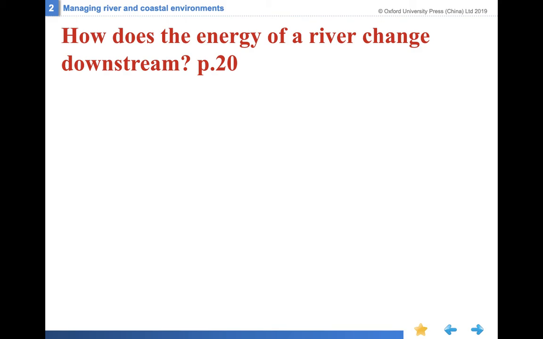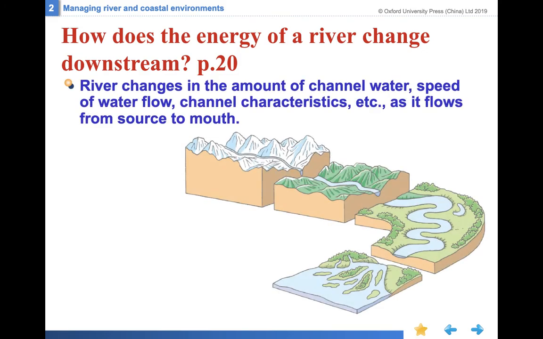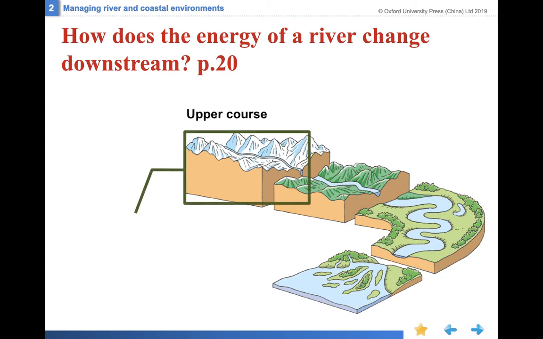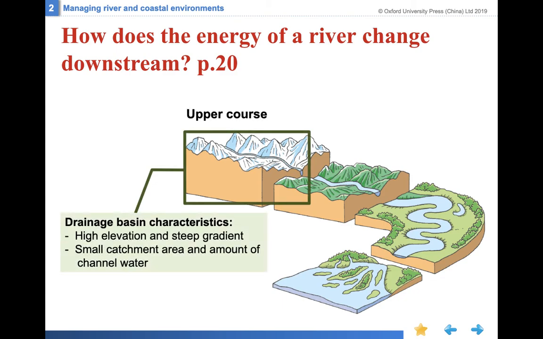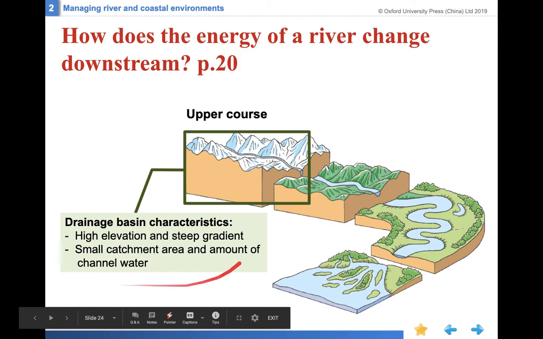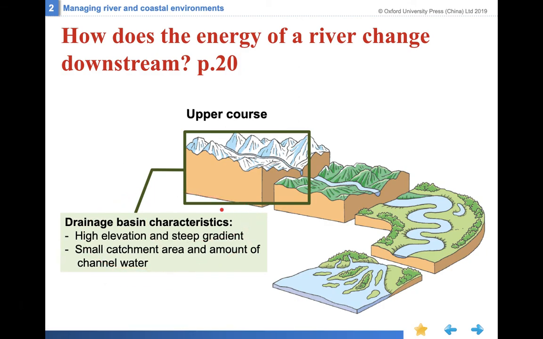In different courses, different sections of the river, their energy distribution is very different as well. So first of all, for the upper course, you can refer to page 20. If you think there's some need, you could write down the explanation or the characteristics of the upper course, or you can print the PowerPoint slide out to do the revision.